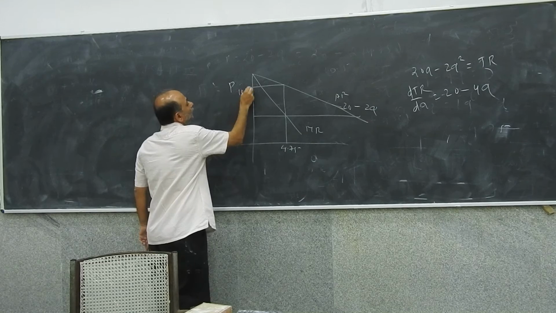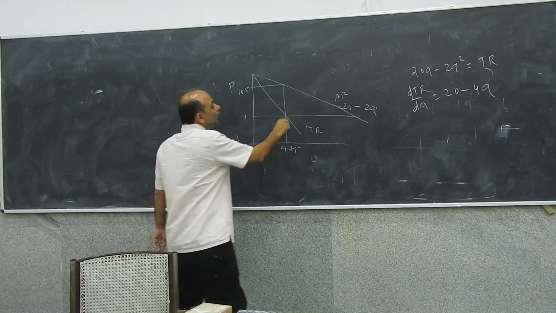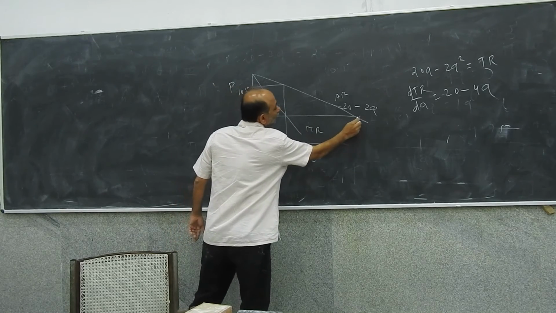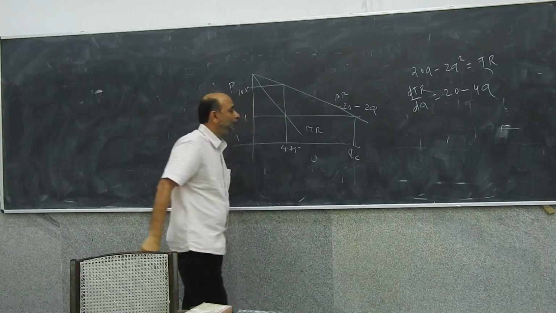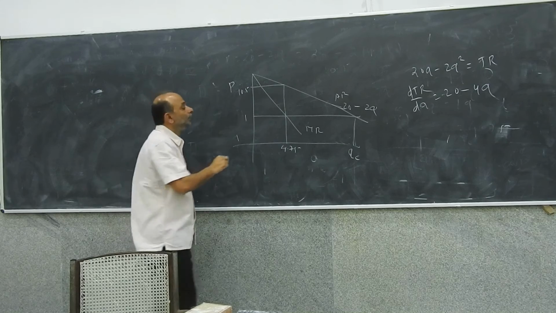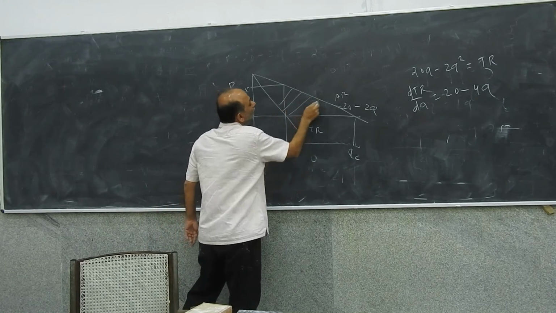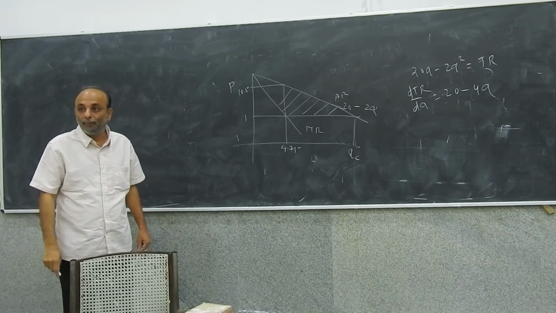So what is the deadweight loss? The point at which the marginal cost curve cuts the demand curve is the competitive quantity. The competitive price will be 1. So the area of this triangle would be the deadweight loss.